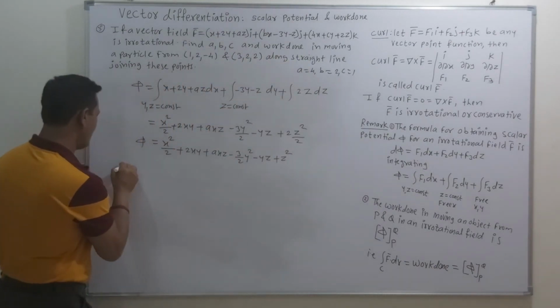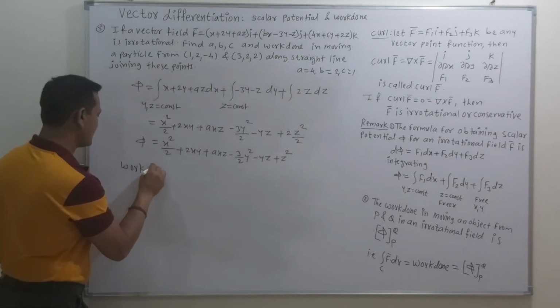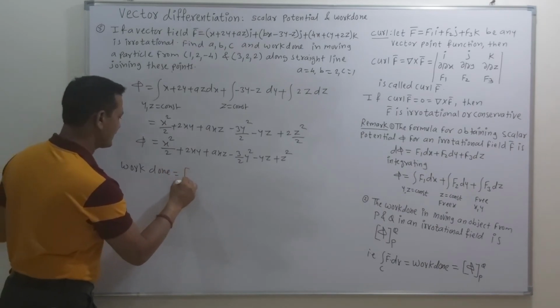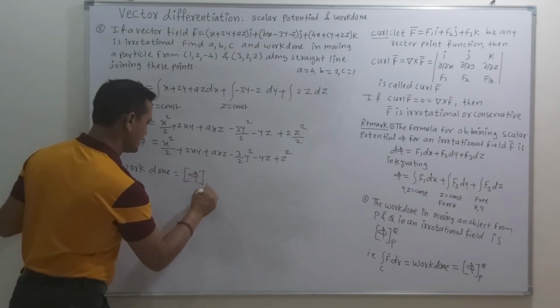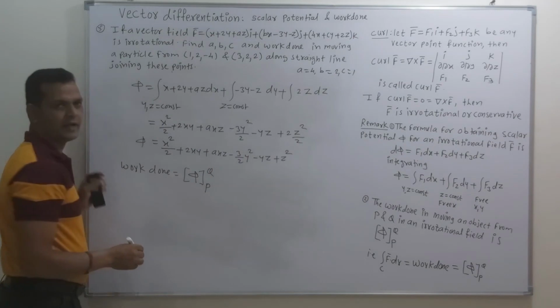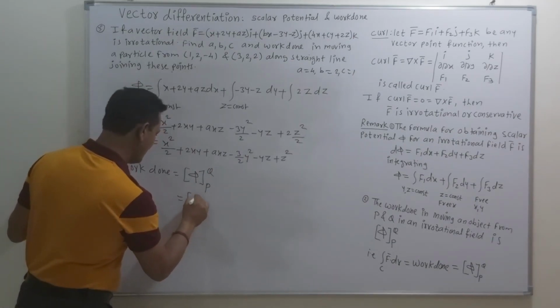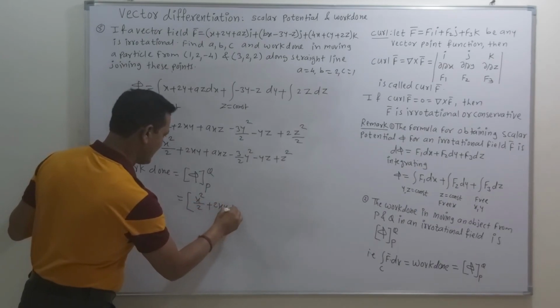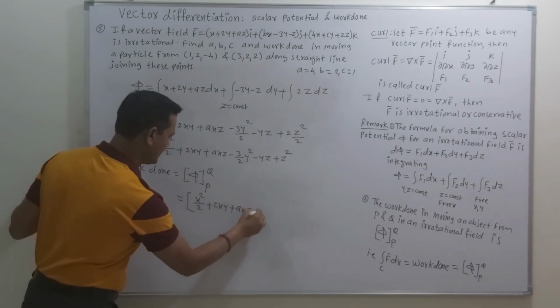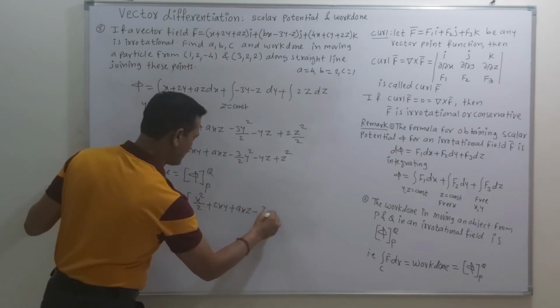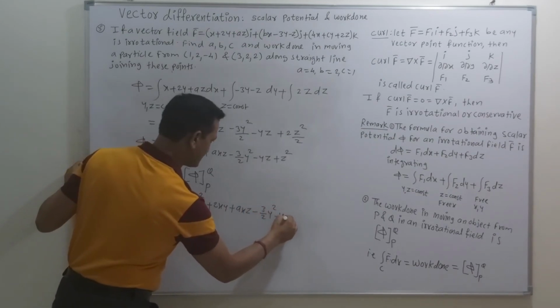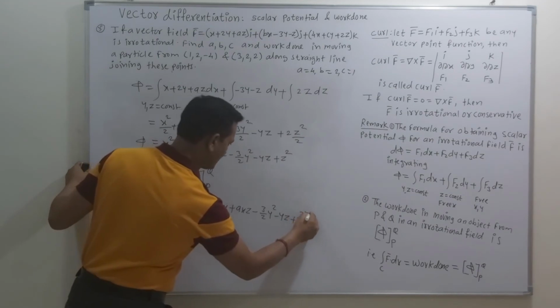Now we know how to find the value of work done. The formula for work done is the difference of the scalar potential between the points P and Q. The scalar potential is x square upon 2 plus 2xy plus axz minus 3 by 2 y square minus yz plus z square.